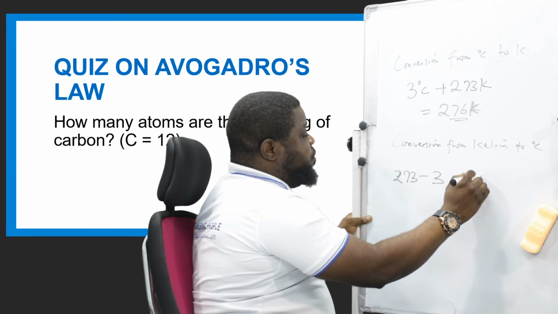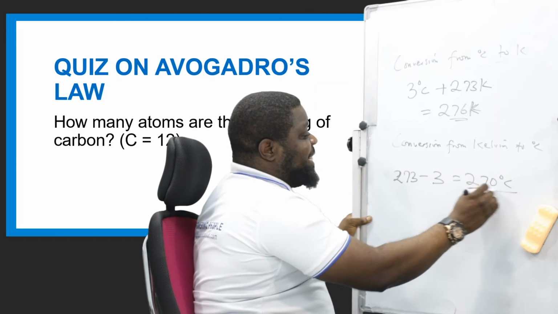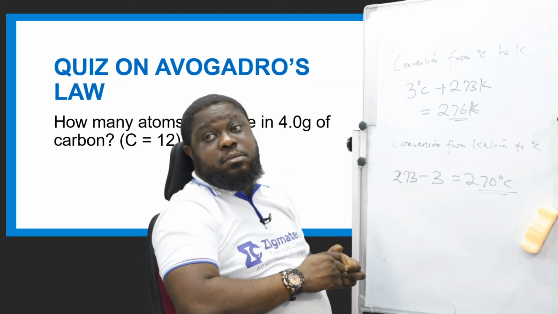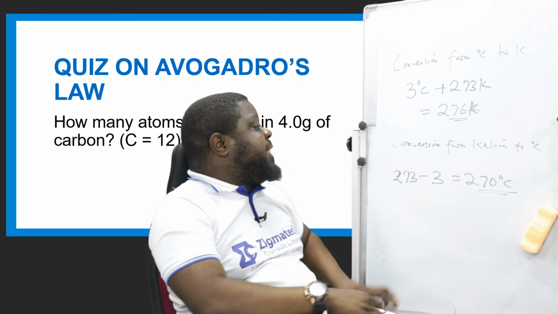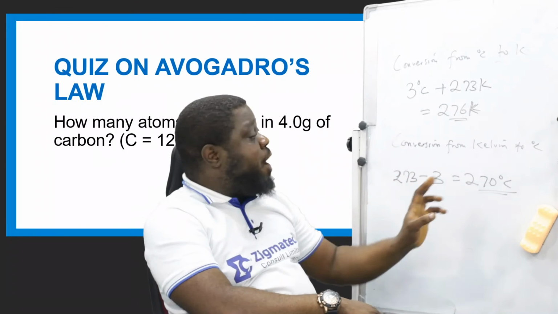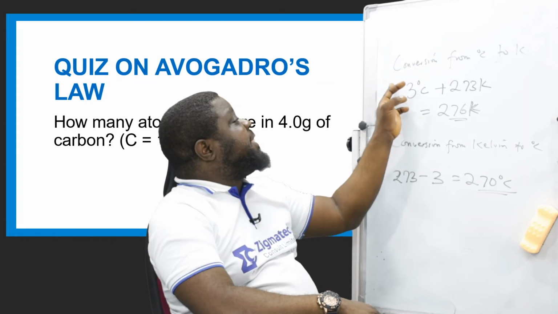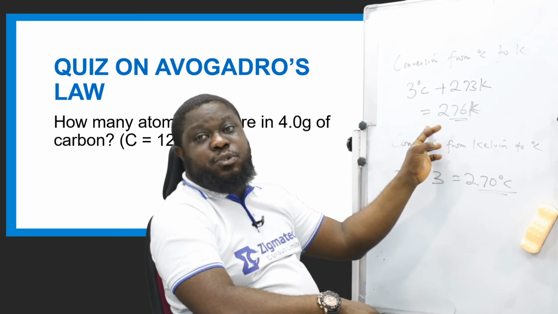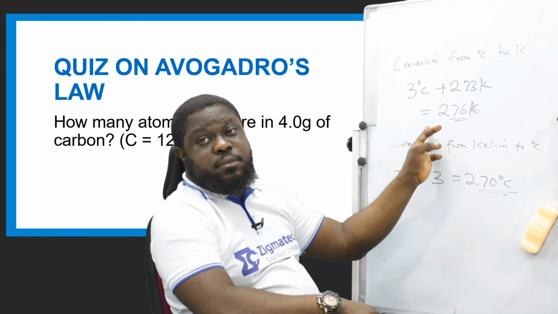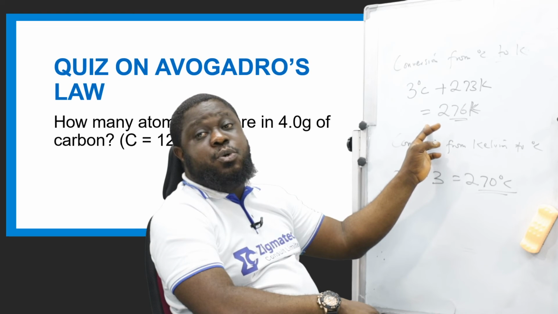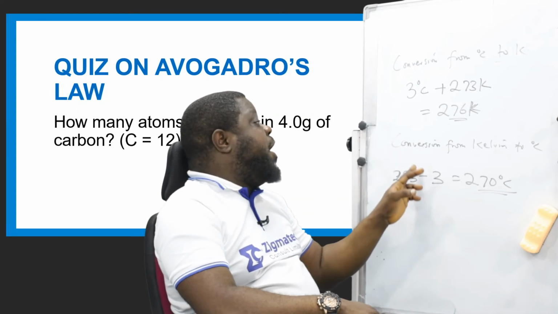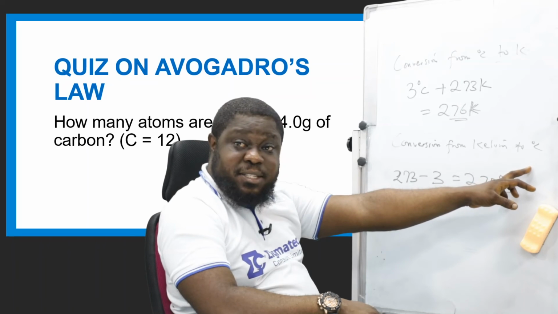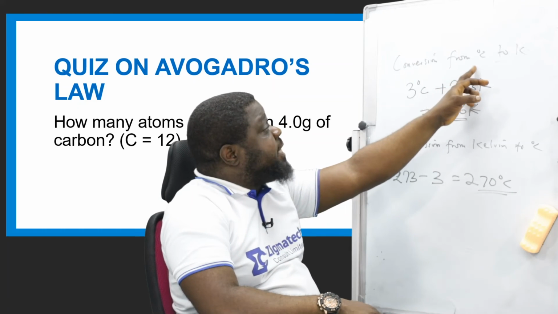This will give me 270 degrees centigrade. In essence, I'm converting from Kelvin to centigrade, I'll make a minus. Then converting from centigrade to Kelvin, I'll add 273.